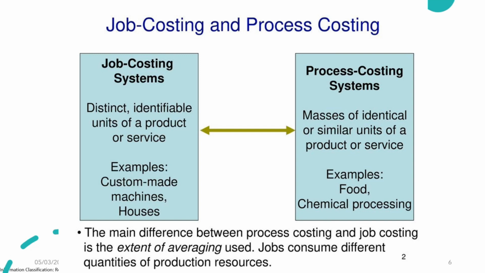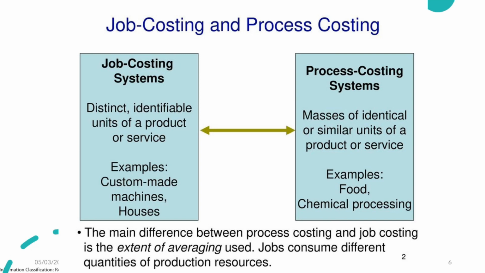So these are some of the key differences. The main difference between process costing and job costing is the extent of averaging used. Jobs consume different quantities of production resources, and process consumes production resources continuously.